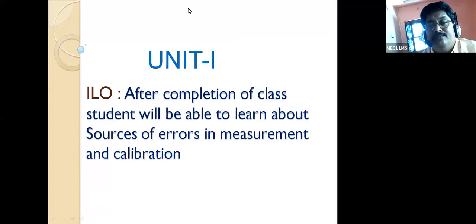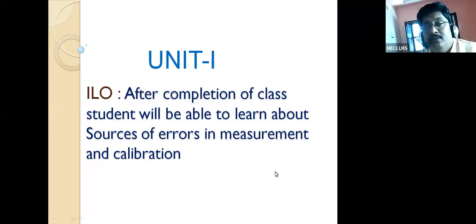Anyone can post about dynamic characteristics. Measuring lag: measuring lag means some delay in measuring the physical value.